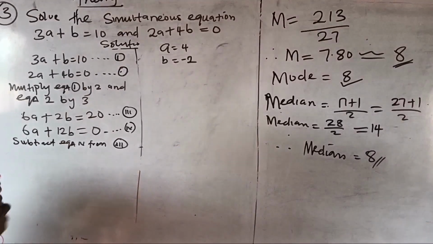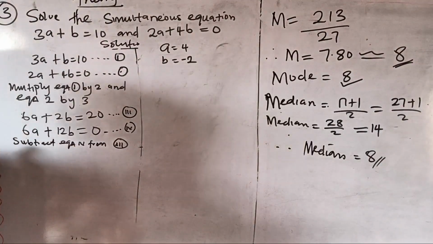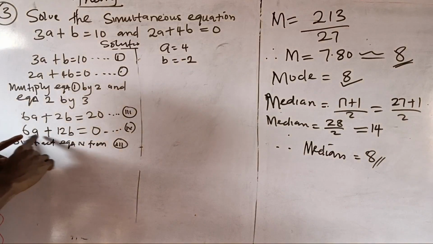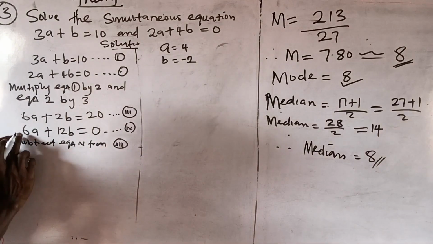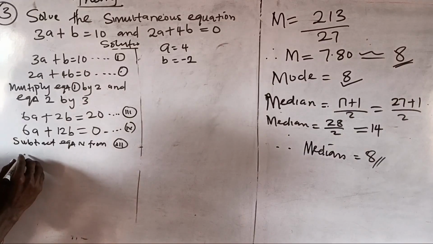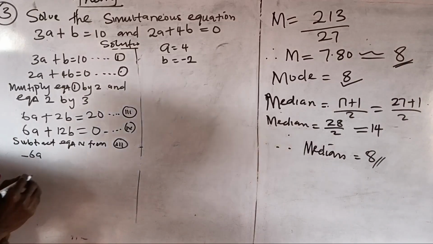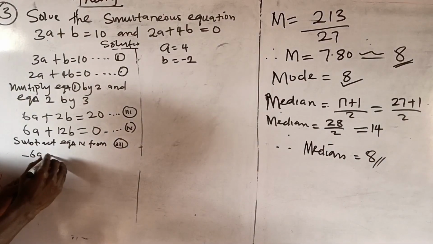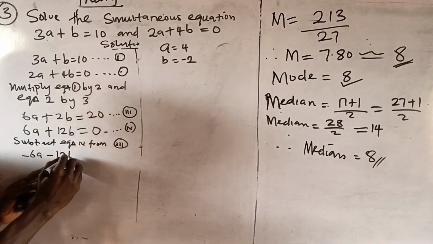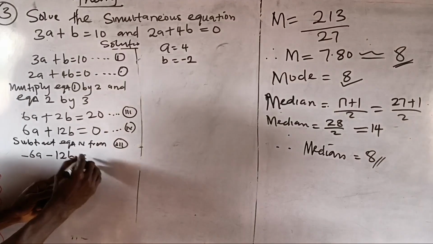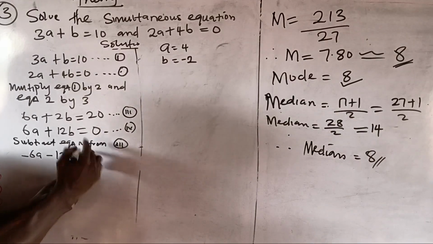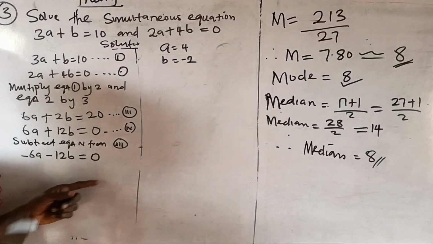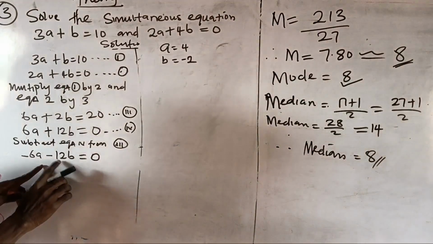We are going to multiply by minus 1 at this side, and everything will turn to minus. So minus times 6a will give us minus 6a. Minus times plus will give us minus 12b, equals to, we have what? This is 0 already. Minus or minus, everything will be 0. So this is the minus sign.